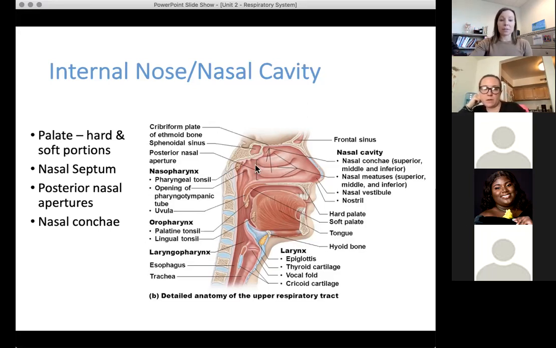So that is the opening right here from the nasal cavity into the pharynx. There are nasal concha. These are these bulges that you kind of see sticking out into the nasal cavity. So they are just projections that stick out from the walls of the nasal cavity.